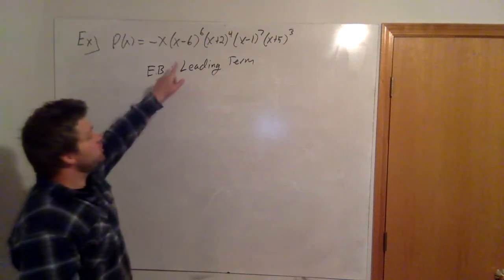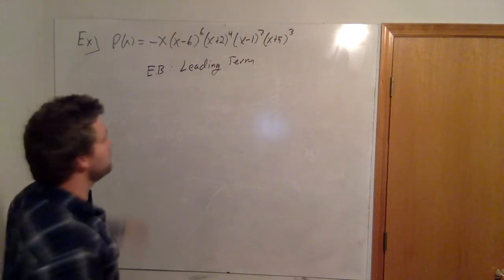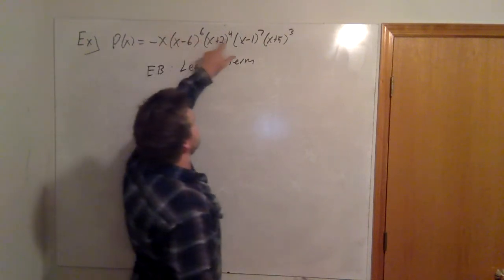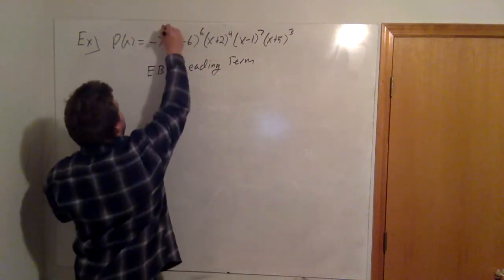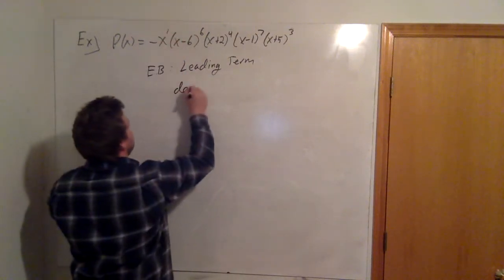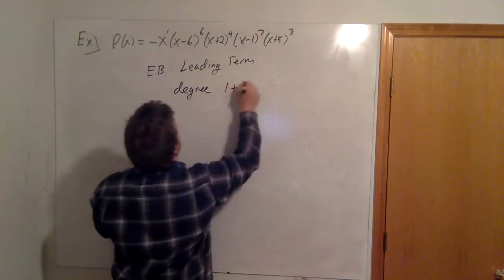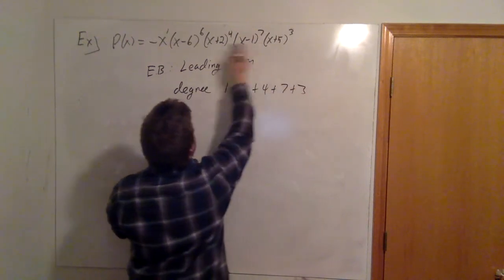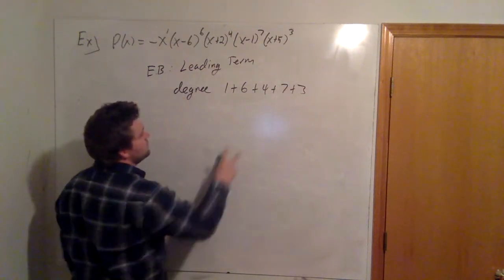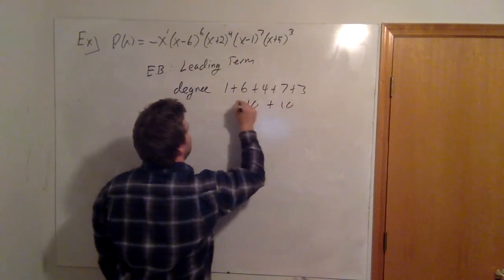Recall that we can quickly figure out the degree of this polynomial, as in a previous example, by adding the exponents together. We think of this as x to the first power, so its degree is going to be 1 plus 6 plus 4 plus 7 plus 3. 6 and 4 makes 10, 7 and 3 makes 10, and I have an extra 1.